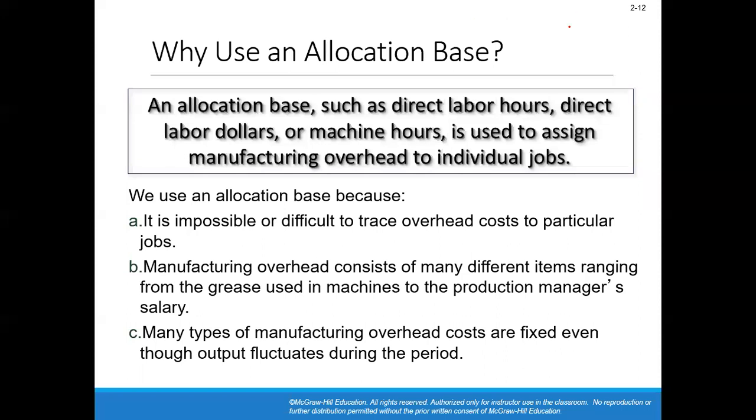Some manufacturing overhead costs are variable. Some manufacturing overhead costs are fixed costs. So let me give you an idea so that you will understand the application of allocation base.